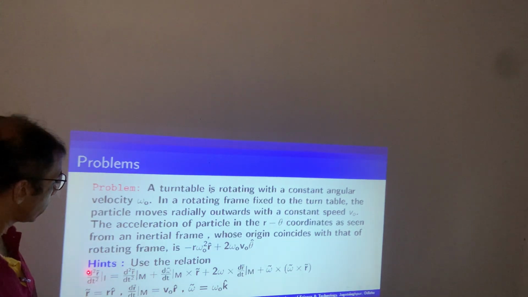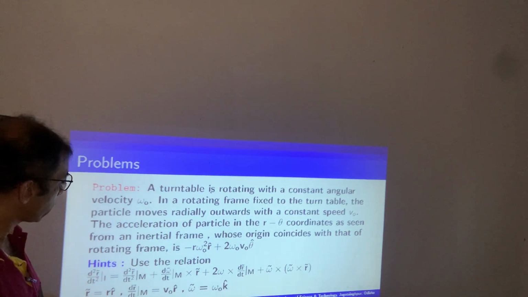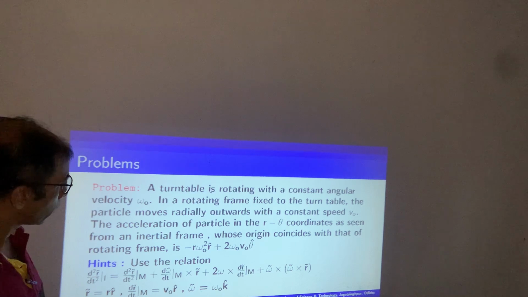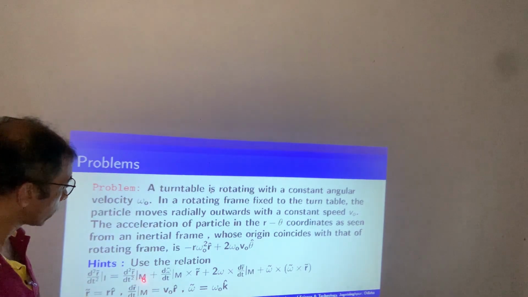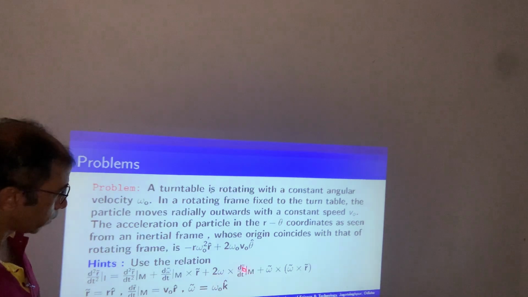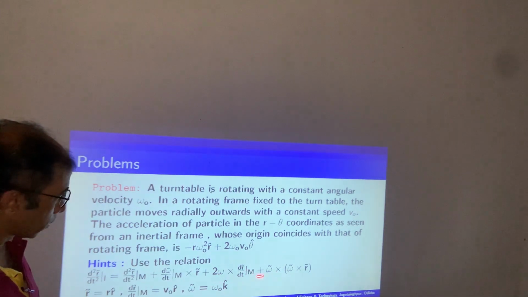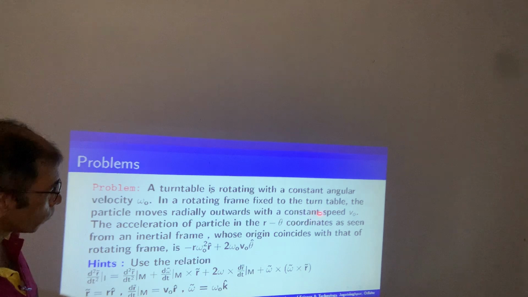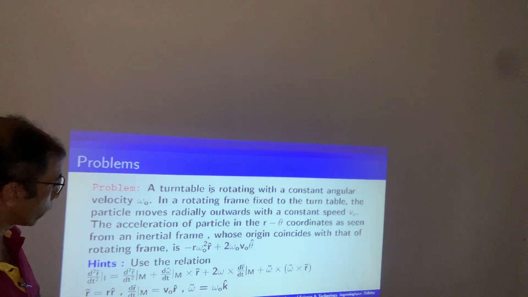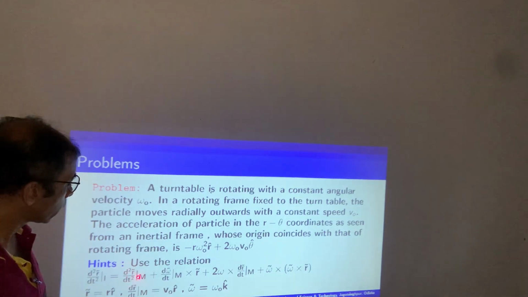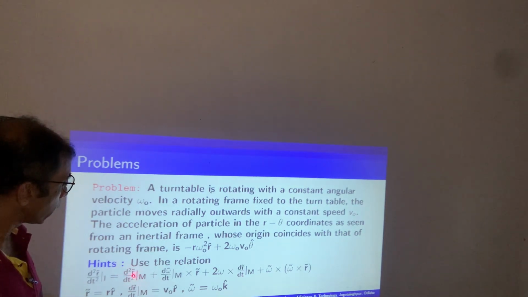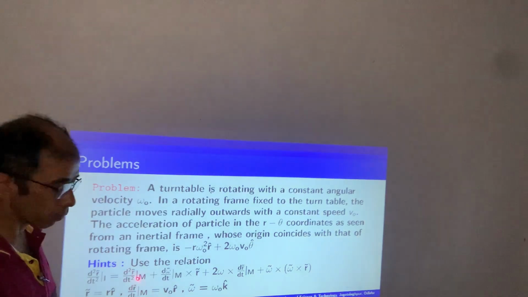That's it. Now you have to find the left hand side. So you have to find out how it looks. Here there will be two terms. Here it is moving at a constant speed v0, so of course in the moving frame this acceleration is 0.